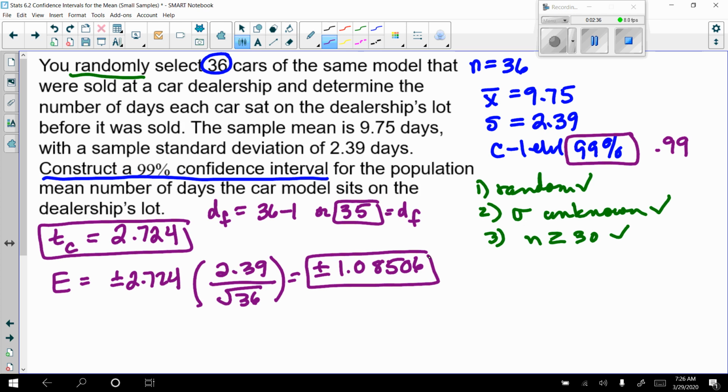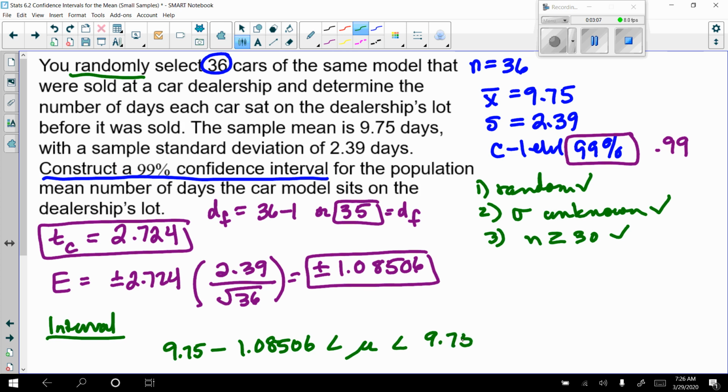From there, we want to find our interval. For our interval, we want to take our sample mean, which is 9.75 days, subtract our margin of error, 1.08506, and that has to be less than our actual population mean, which is less than 9.75 plus our margin of error, 1.08506.